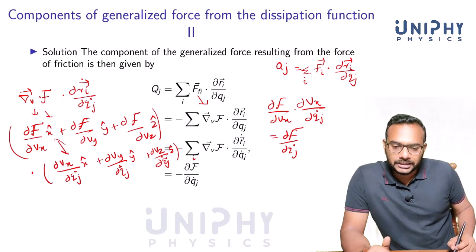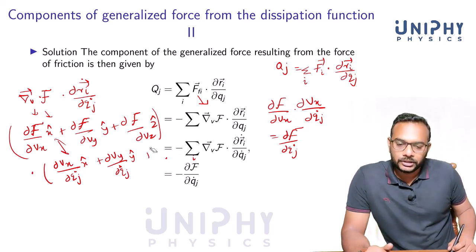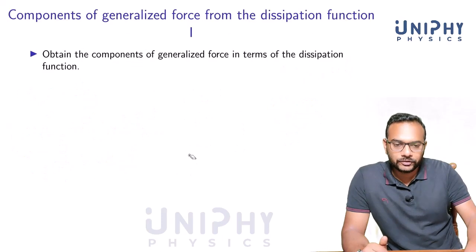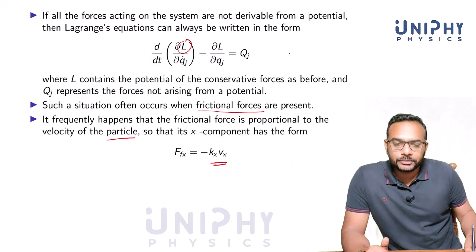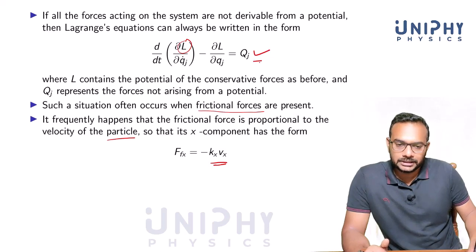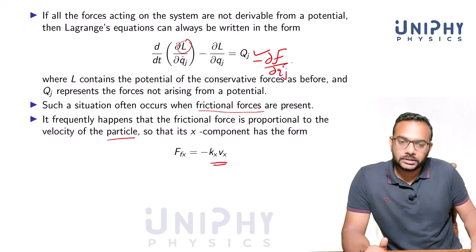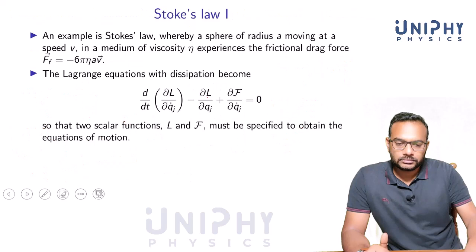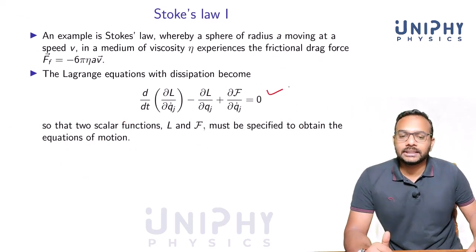So you can write Qj as minus ∂F/∂qj-dot. Now once you have the generalized forces, you can put it in the form of the equation here. Just substitute Qj equal to minus ∂F/∂qj-dot, and you can write the Lagrange equation in this form.